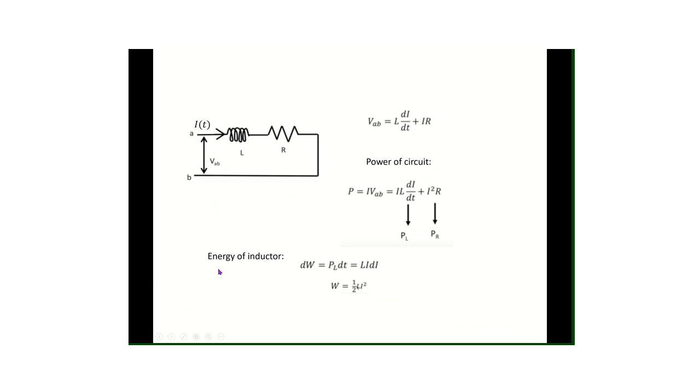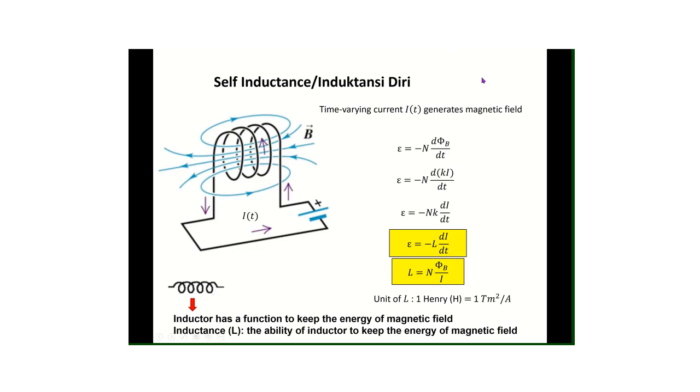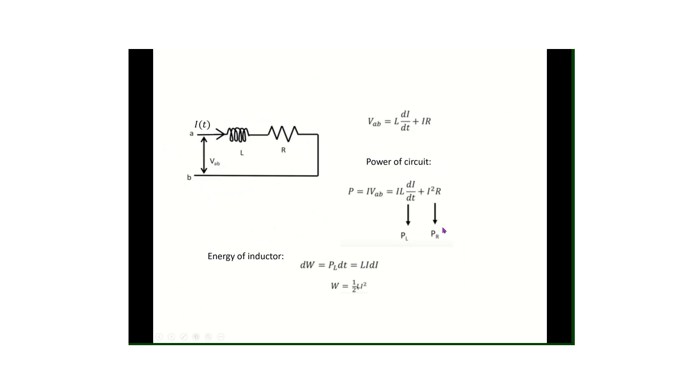So how do we calculate the energy of an inductor? Here, if I have a circuit consisting of an inductor and a resistor, the potential difference AB for the inductor is L dI over dt, and the potential difference of the resistor is I times R. If we want to find the power of the circuit, P is IV.